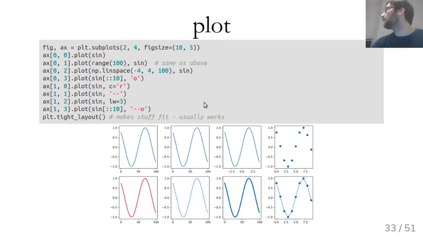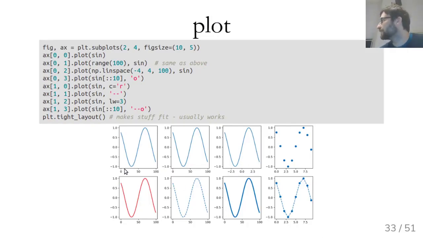If you don't give it an x-axis, if you give it a single array, it assumes the array is the y-axis. So if I give it just a sine curve, it basically enumerates the values.